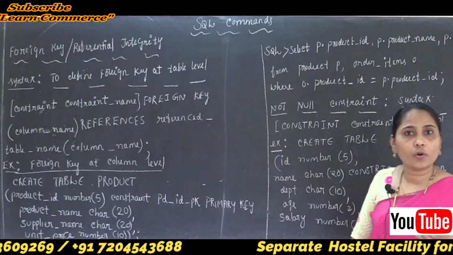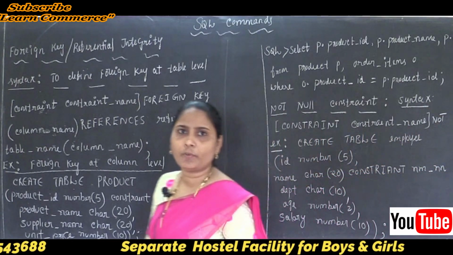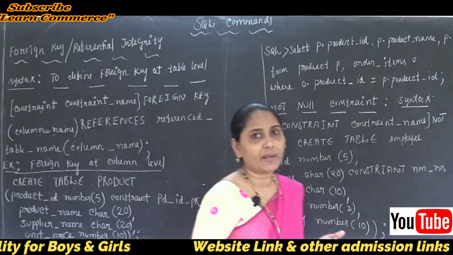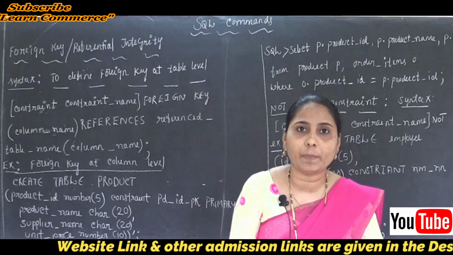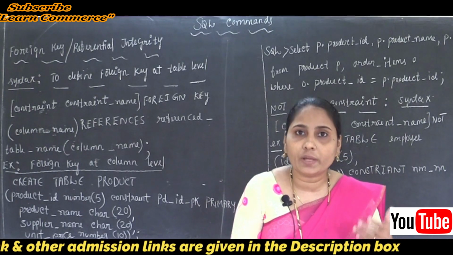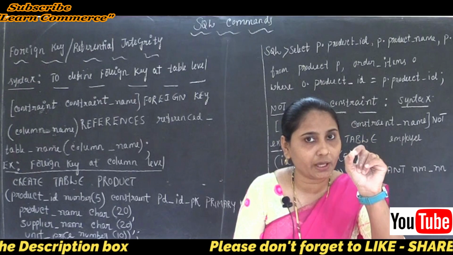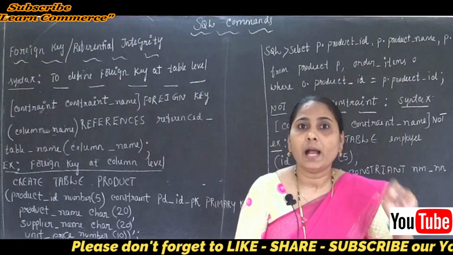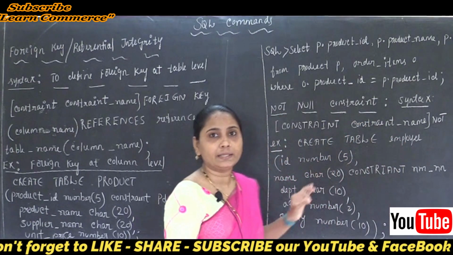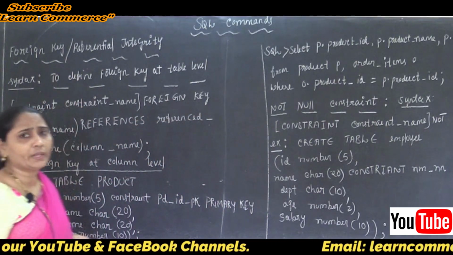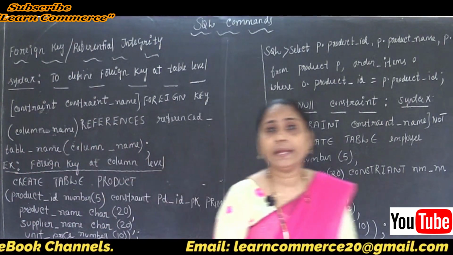Correct? So the same thing whatever I said. The foreign key is a field in a relational table that matches the primary key in another table, or we can say that if any key is defined as a foreign key, such key is defined as a primary key in another table. So this is the meaning about our foreign key and the referential integrity.